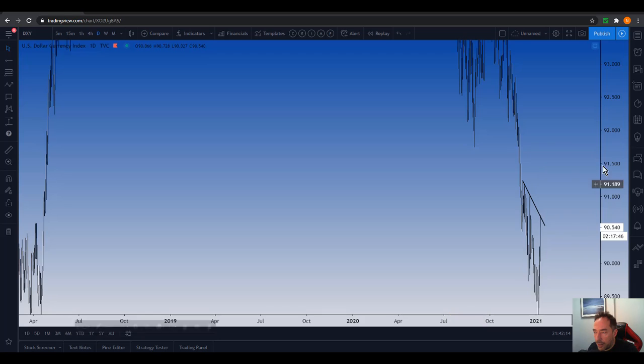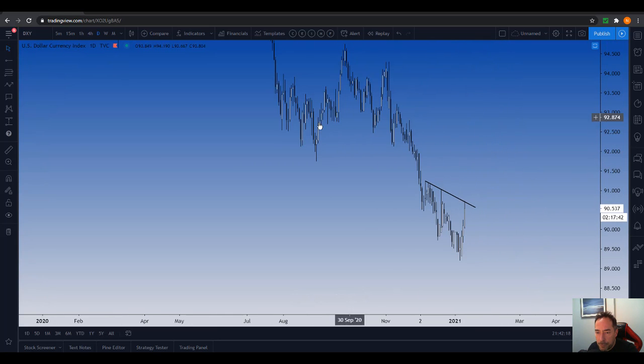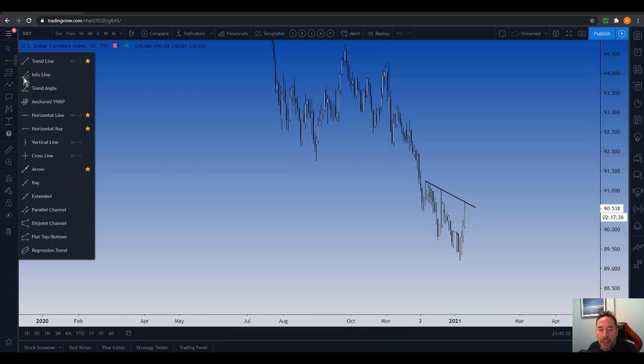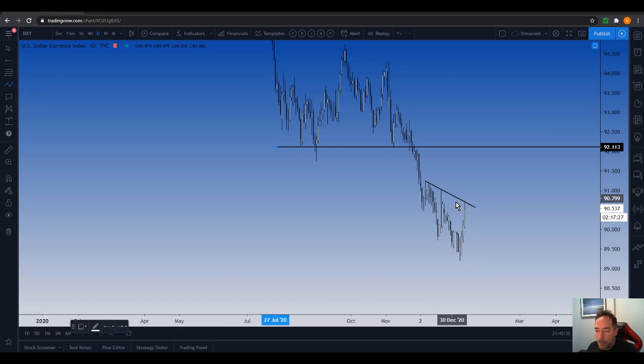If we look at the daily chart, you can clearly see these lows here as well, which is why I'm thinking around that 92 level would be a target. Potentially something like that, and then we'll see what happens. Do we break or do we move back to the downside?